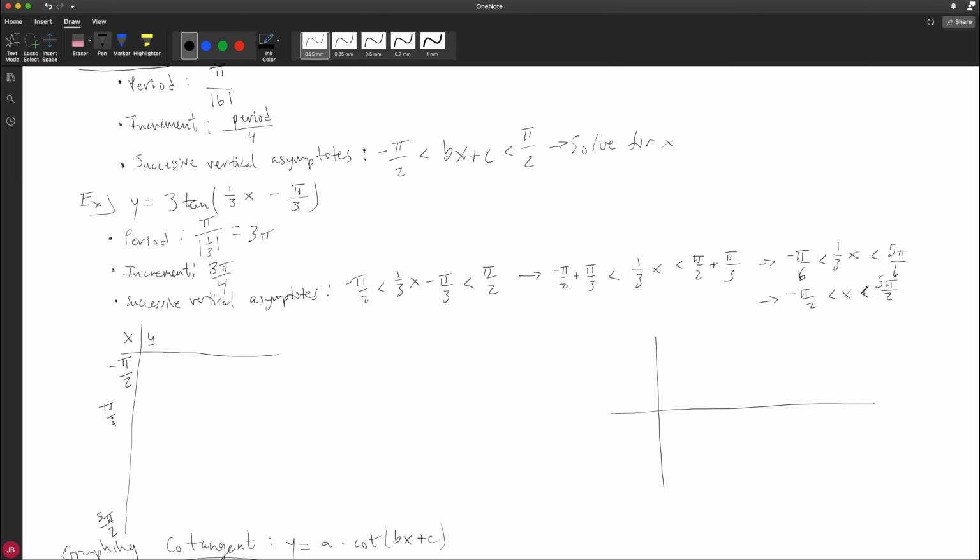And now I add 3 pi over 4 to that, and I get pi. And I add 3 pi over 4 to that, and I get 7 pi over 4. And now if I add 3 pi over 4 to that, I get 10 pi over 4, which is the same as 5 pi over 2. So it actually worked, right?